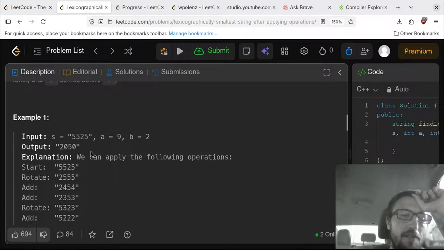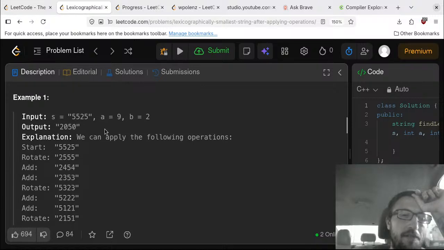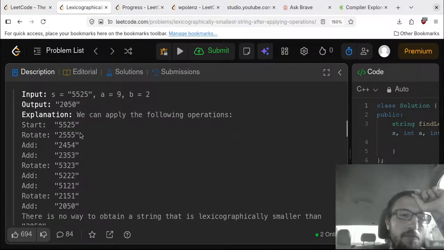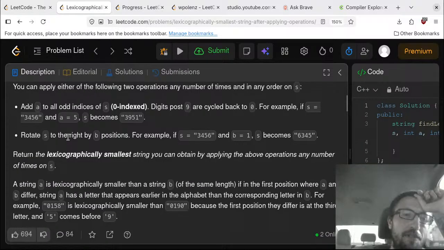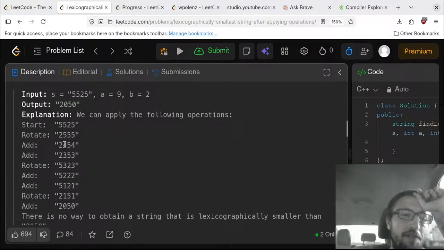The way they said it, 2050, and they said we're going to rotate to 2555 and add 9 to the zero indexed odd positions. Not the even positions. Okay. So it's going to take it down to 4, 3.